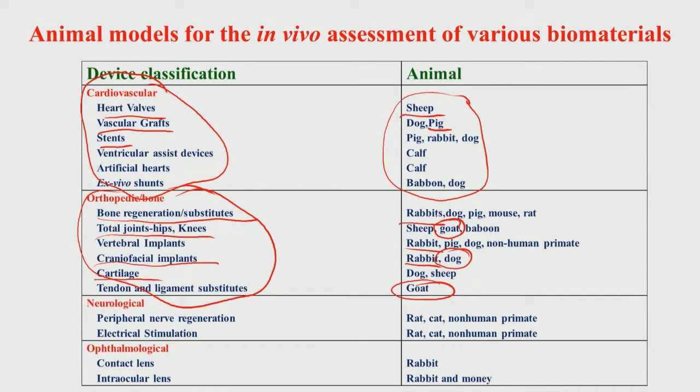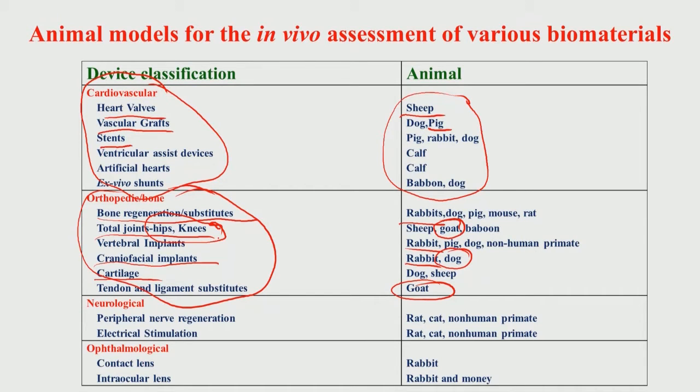For toxicity assessments of the biomaterials, for example, in the total hip and knee joints, wear debris particles are generated. Now, these wear debris particles, when they are transported to different parts of the osseous structure, can cause toxicity to the neighboring tissue.